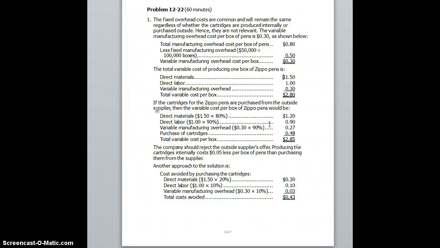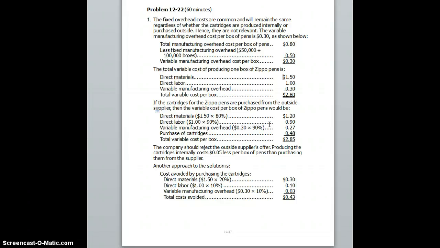So the direct material cost, we were told, would be reduced by 20%. So it would only be 80% of the $1.50 as given. We're told that direct labor and variable manufacturing overhead will be 90% of the original amount, because there would be some reduction due to the fact that we're not manufacturing that cartridge.